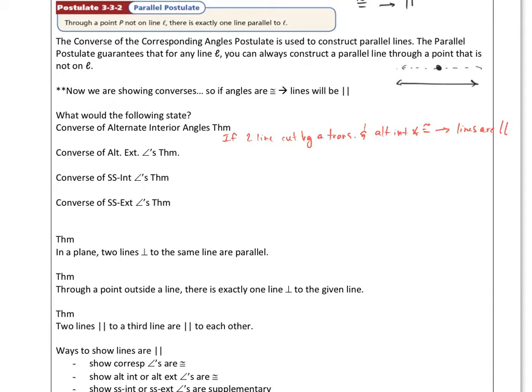Okay, the converse of the alternate exterior. All of these will start with if two lines cut by a transversal. And then again, we can abbreviate here.